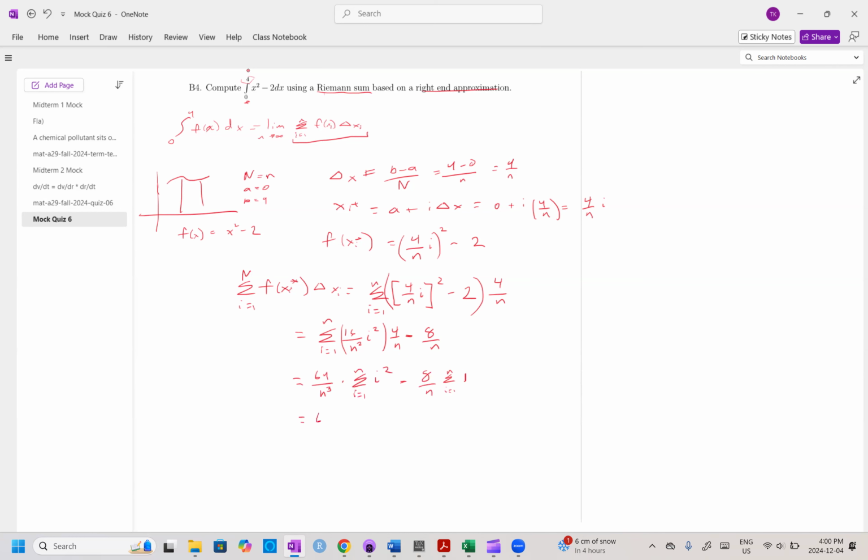which equals 64 over n cubed times n, n plus 1, 2n plus 1 over 6, minus 8 over n times n.